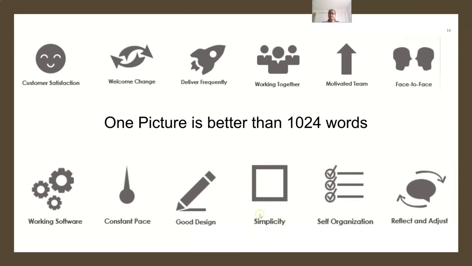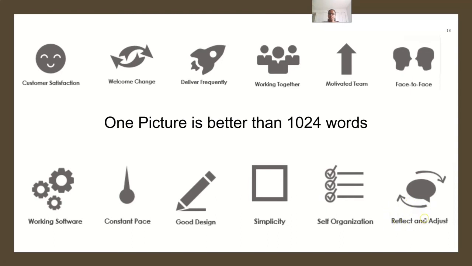Simplicity is developing just enough to get the job done for right now. Self-organizing teams encourage great architectures, requirements, and designs. Skilled and motivated team members who have decision-making power, take ownership, communicate regularly with other team members and share ideas, deliver the quality of the product.